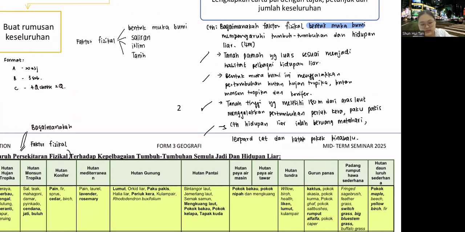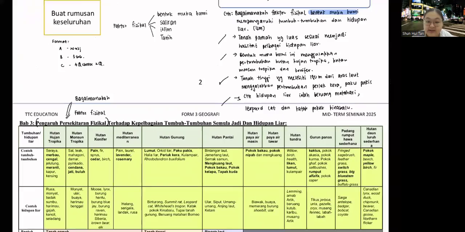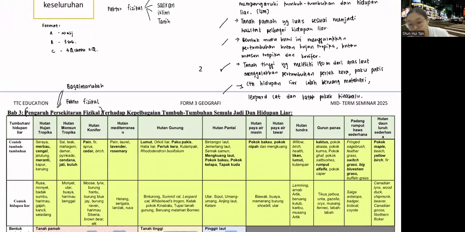Of course, bentuk muka bumi means they can also ask you saliran. Then how do you answer for saliran? I'm not going to show you the question on saliran, I am just going to explain how you explain. For saliran, we have 2 types: saliran baik and saliran buruk.